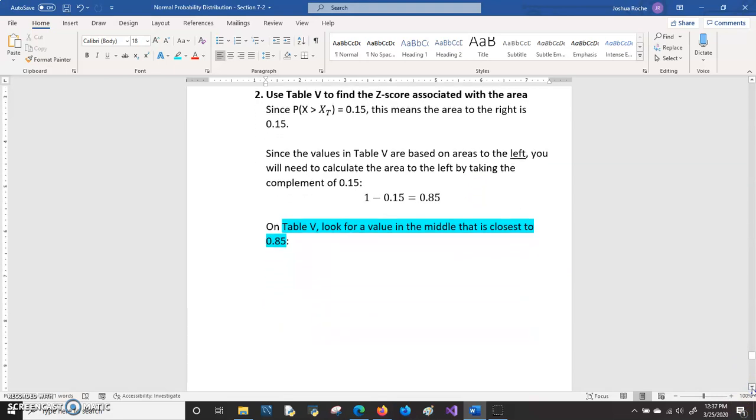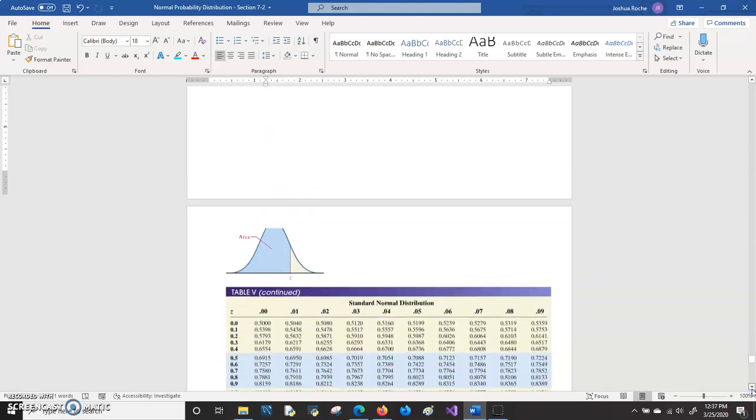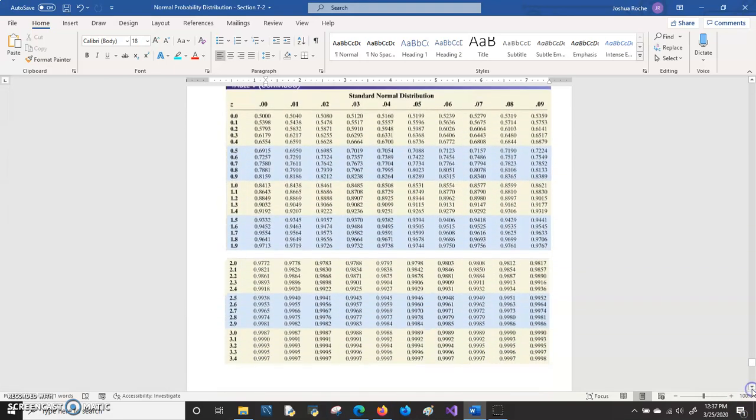We'll go to Table 5, look for the value that's closest to 0.85. This is the closest one, 0.8508. The z-score for that is 1.04.